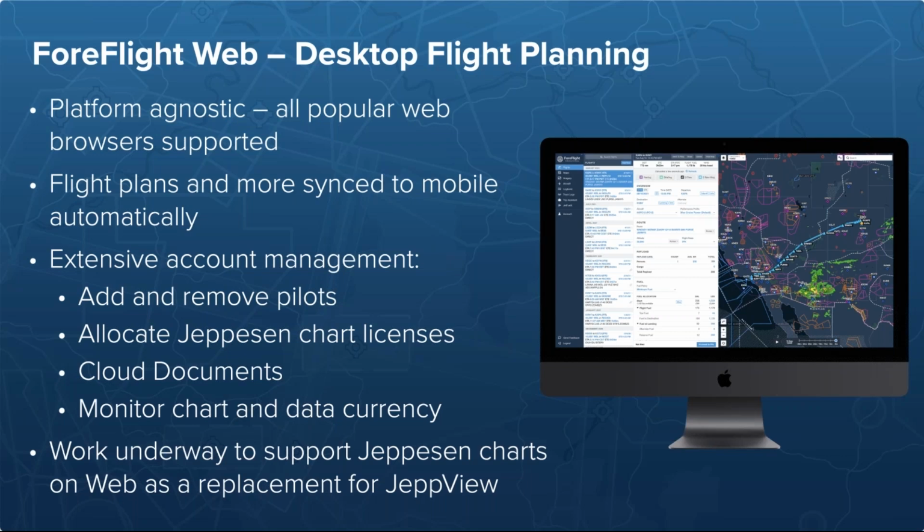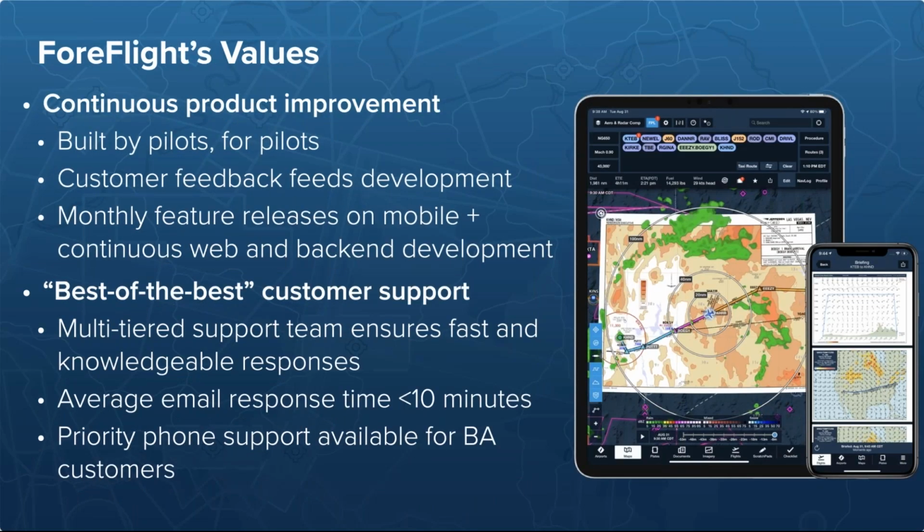So on the next slide here, I just want to cover the value, which there are many that you get from ForeFlight. There is continuous product improvement happening right now. Like I just talked about, we're working on pulling the Jeppesen charts onto the web desktop version. There's a lot of work being done like that.